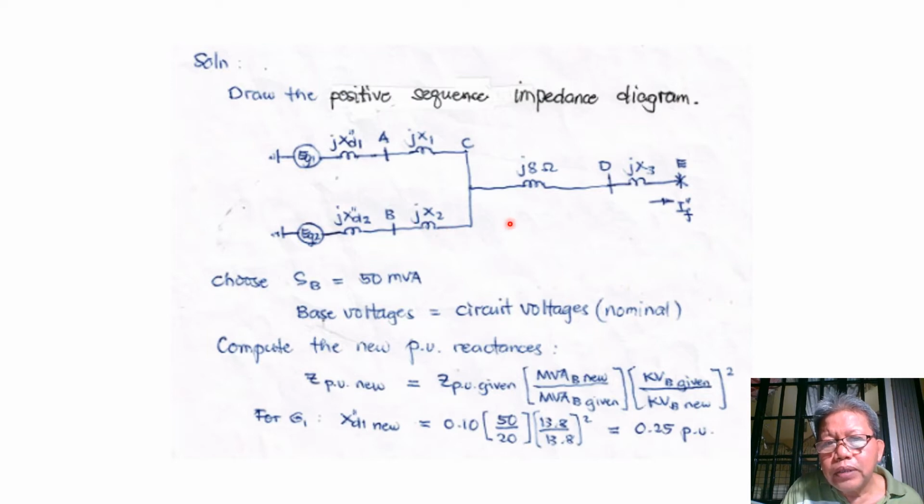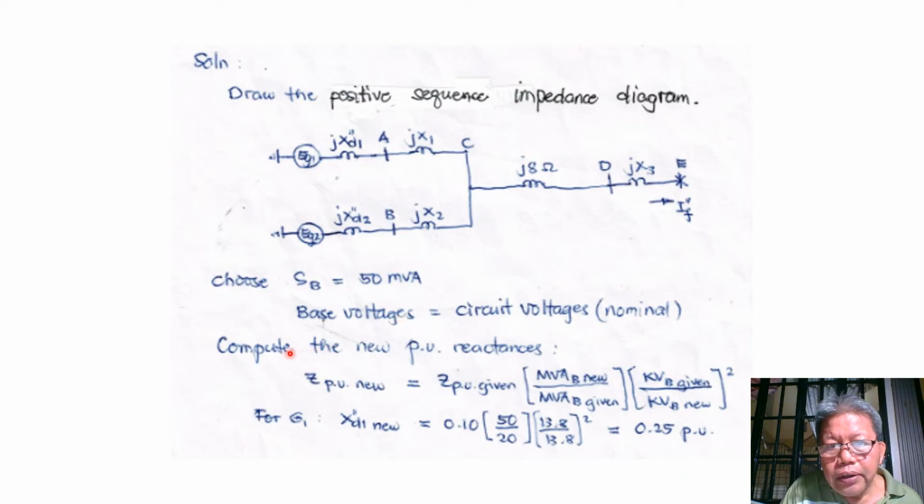So choosing 500 MVA would lessen our calculation of changing the reactances of those 5 generators, because the chosen MVA is already their capacity rating, so no need for a conversion of their reactances to the new MVA base.